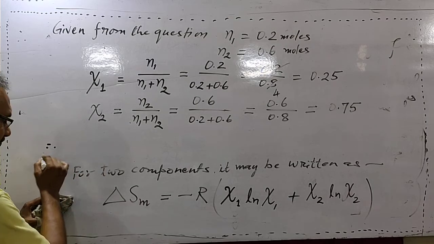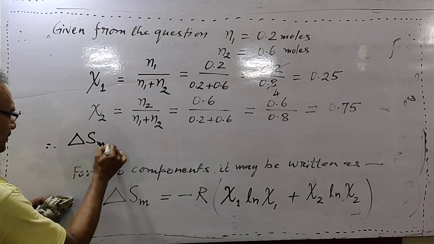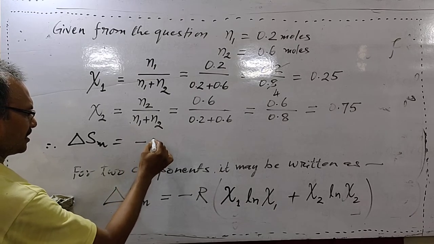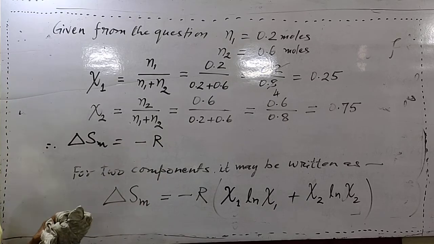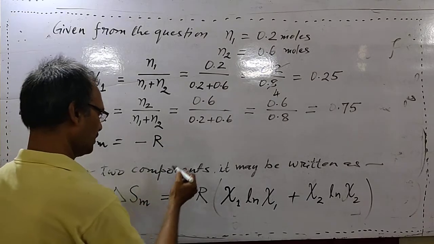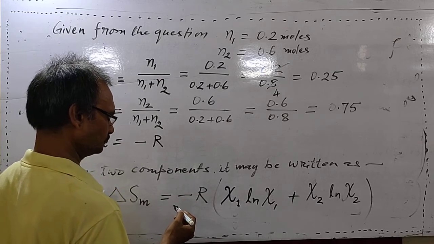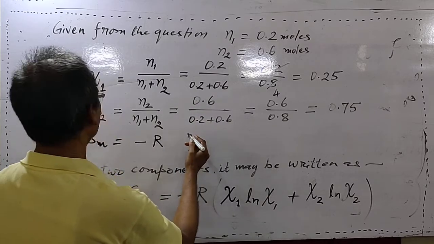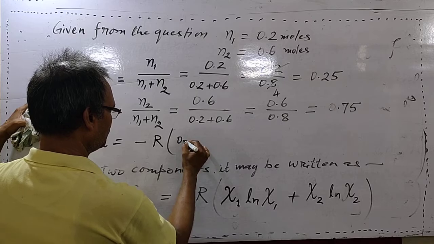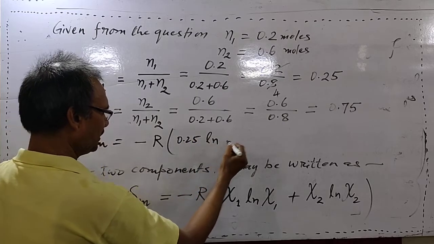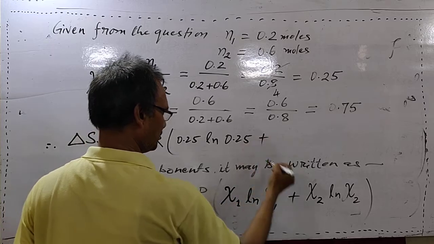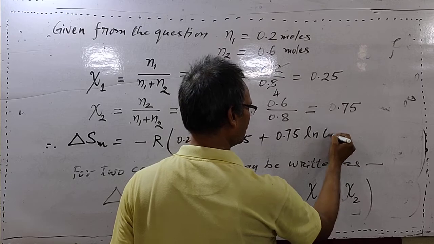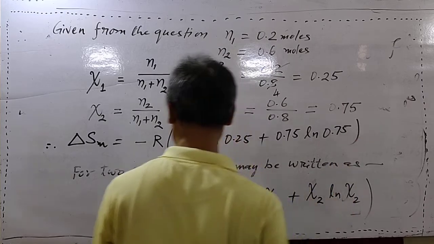Therefore, delta S_m is equal to minus R [0.25 ln 0.25 plus 0.75 ln 0.75].